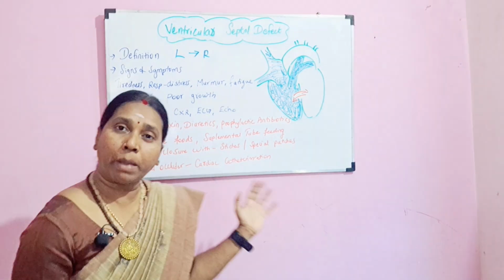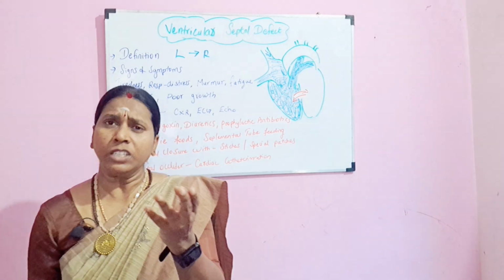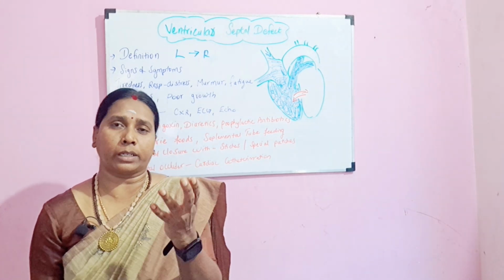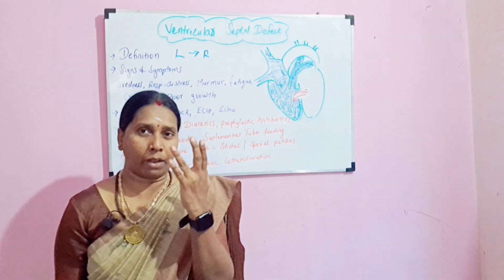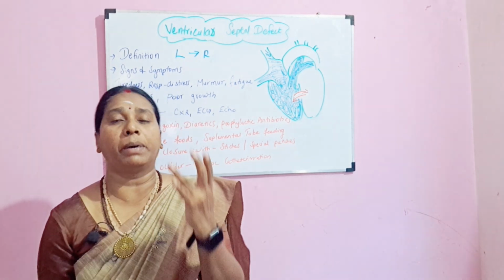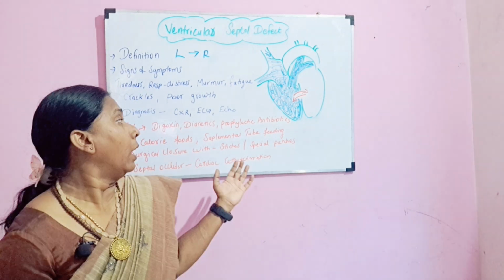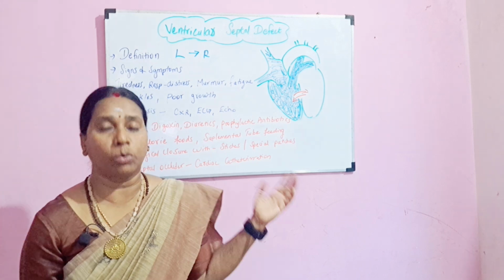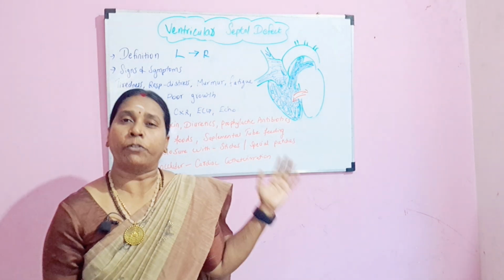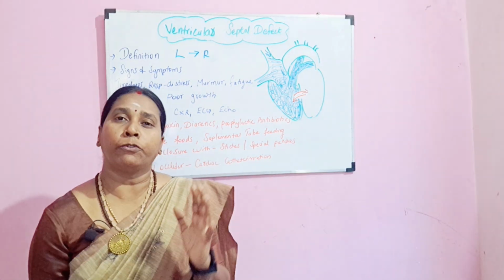Then coming to the management, you are going to start with digoxin to improve the contractility of the heart and to increase the efficiency of the heart's functioning. Then we have diuretics to decrease the pulmonary edema. Then we give prophylactic antibiotics, as you are expecting infections to happen. Then we start more caloric foods for the baby.